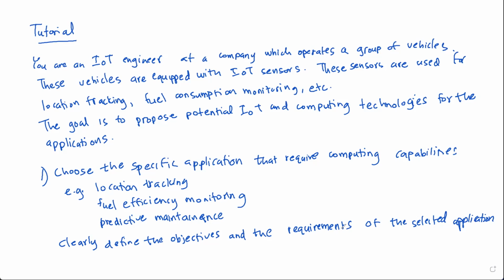Likewise, you need to mention the hardware and software that you require for this specific application. In this software requirement, you can also mention whether we require an edge server, fog server, or a cloud server. I'm going to erase this.